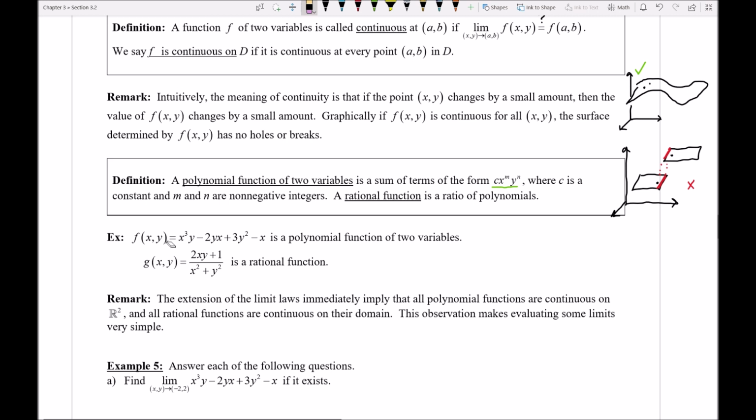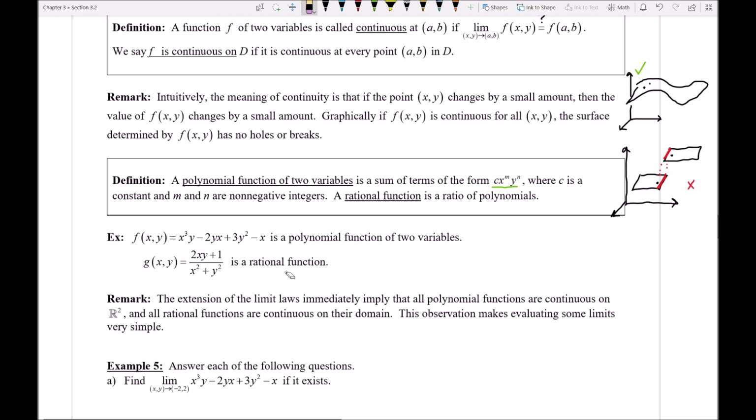They're very similar to polynomials that you would have had back in a Calc 1 or Calc 2 class, but now you're allowing for a mixture of x's and y's to occur together. A rational function is really just a ratio, or a division, of those two polynomial-like things. So you can see here I have something polynomial up top, something polynomial on the bottom. This creates a rational function.